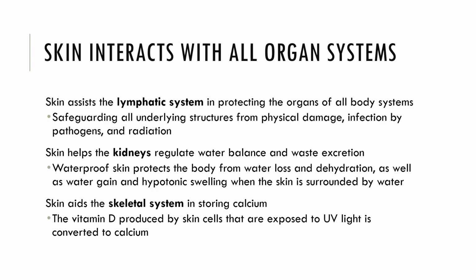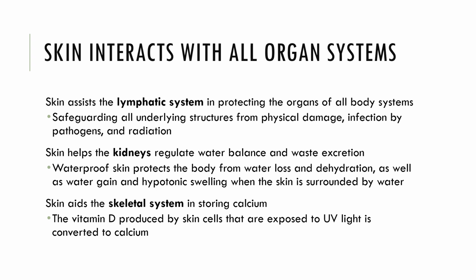So next we're going to talk about how skin interacts with other organ systems. So the skin assists the lymphatic system in protecting organs of all body systems by safeguarding all underlying structures from physical damage, infection, pathogens, and radiation.